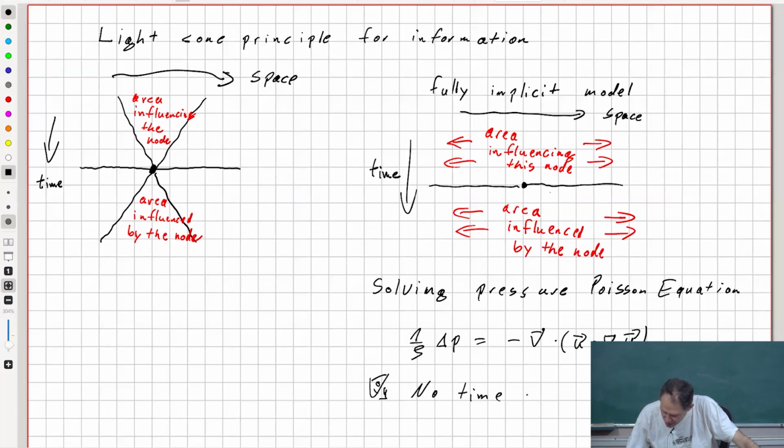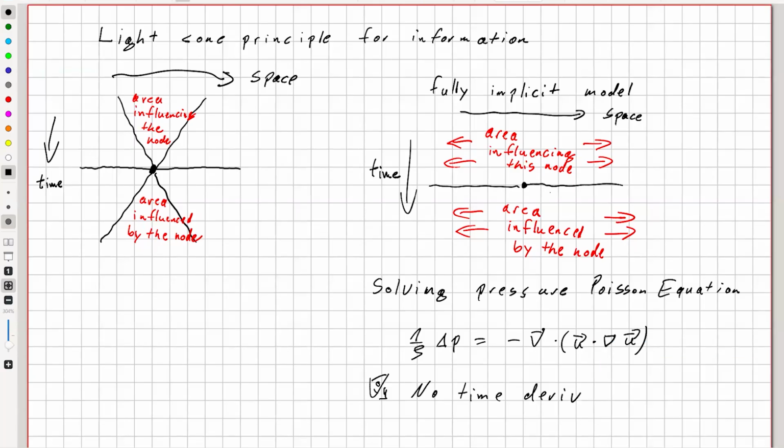So we have no time derivative, and this leads to the area of influence being basically the same as the simulation domain.